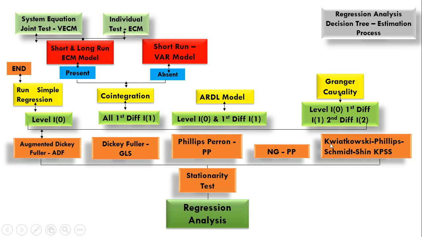And in doing that, with the NGPP and KPSS, most importantly, the KPSS has an inverse way of reporting the outcome that you generate from your stationarity test, as the case may be.